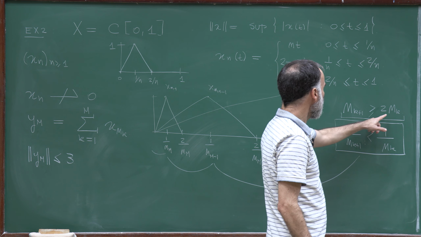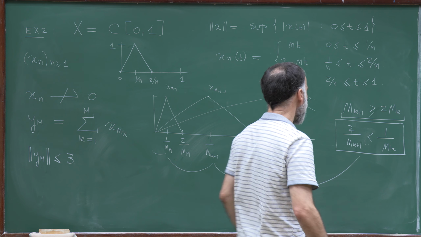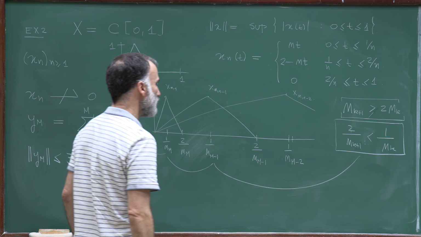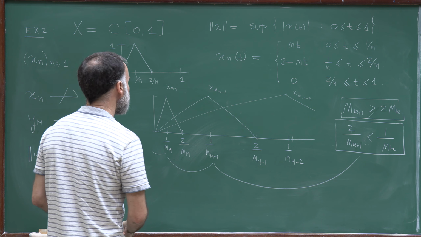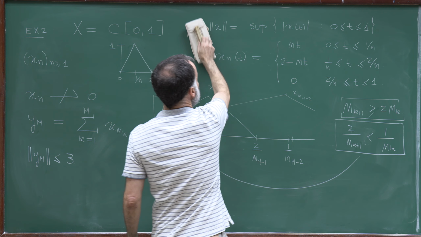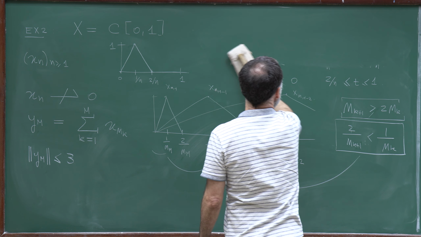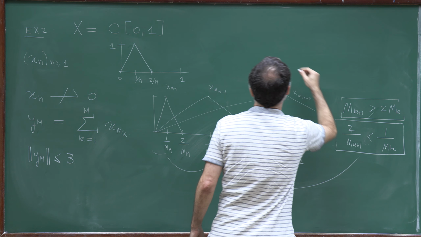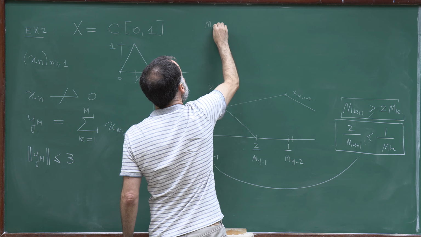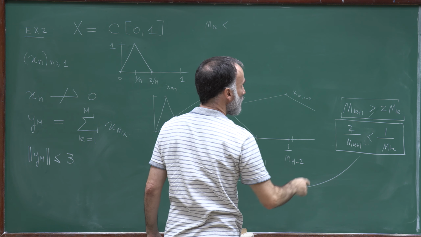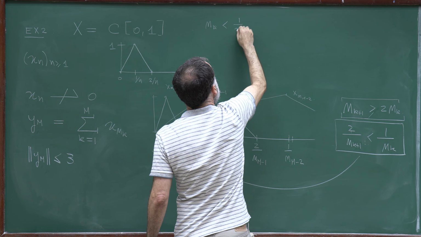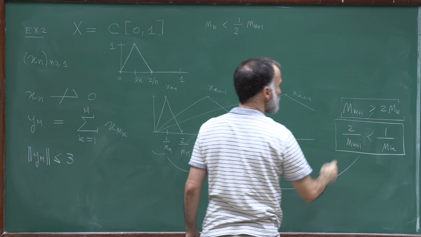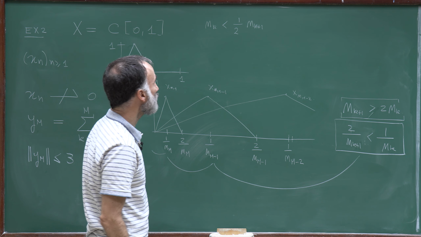Let me also obtain here a bound of n k. So we have, I can erase the definition of the norm and the definition of x n. So from this inequality, I get that n k is bounded by 1/2 of n k plus 1. Okay, so this is what this inequality is telling me.